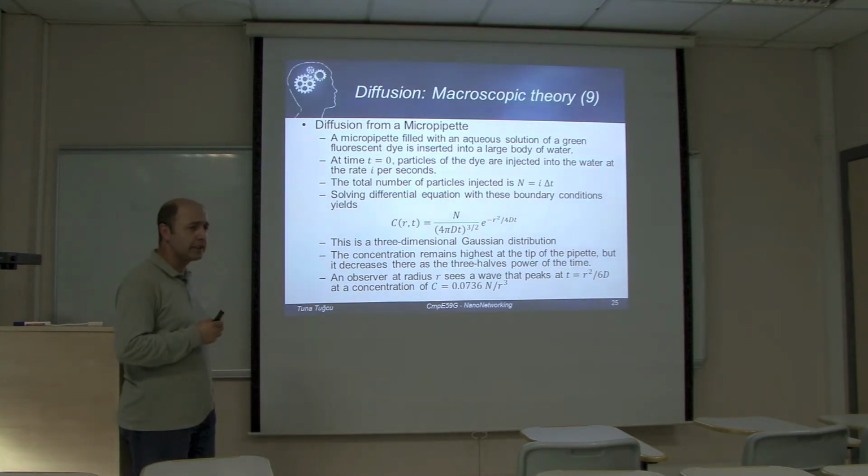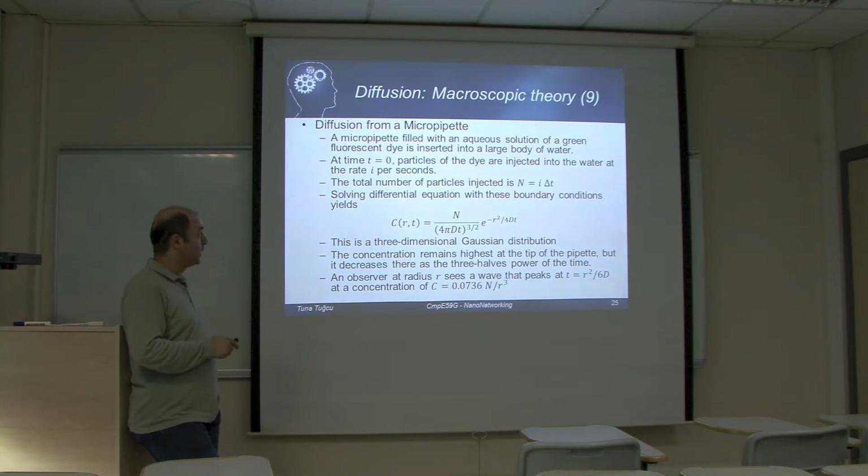So for example, let's look at diffusion from a micropipette. A micropipette filled with an aqueous solution of, let's say, a green fluorescent dye, so that you can see how that fluorescent liquid is diffusing in a large body of water. At time t equals 0, when your experiment is starting, particles of the dye are injected into the water at a rate of I molecules or drops, whatever, per second.